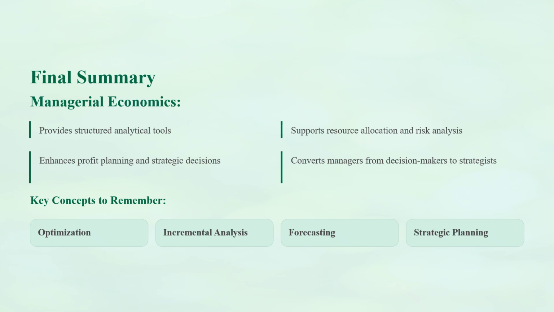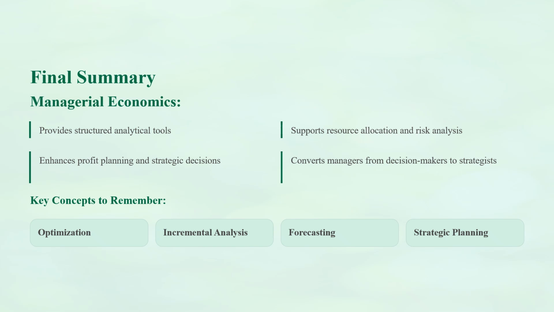So when a manager uses these techniques, they stop guessing and become strategic decision makers. They can understand the market condition, respond to competition, and keep the firm profitable and strong. So, how does a manager make an informed decision?